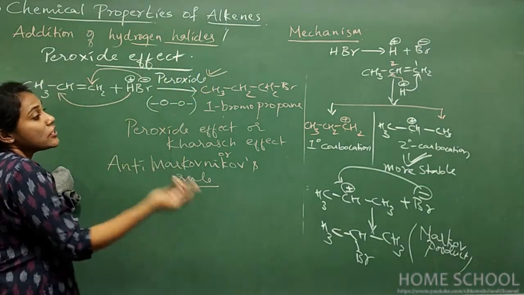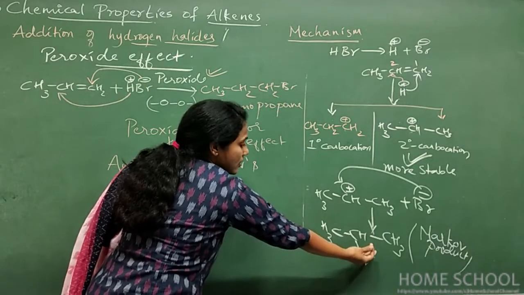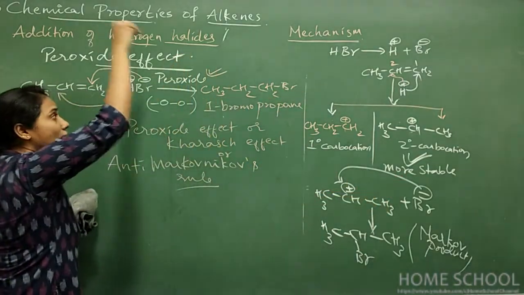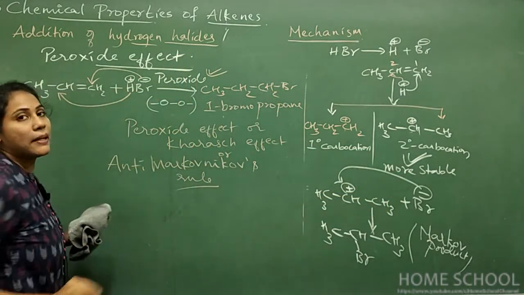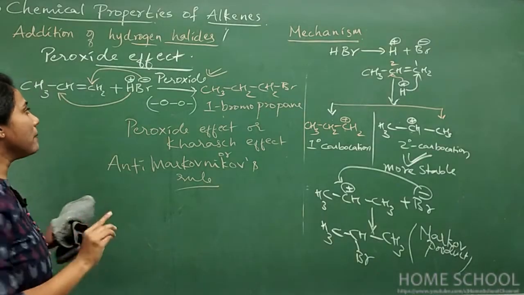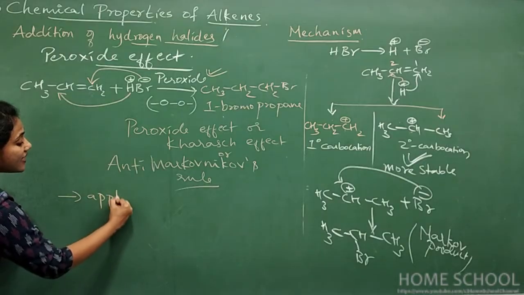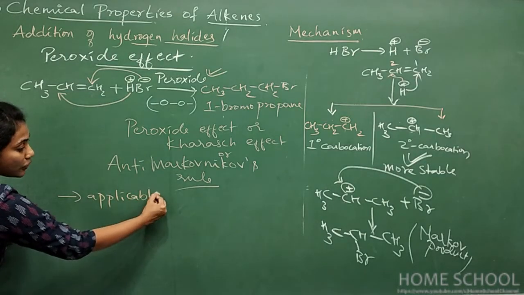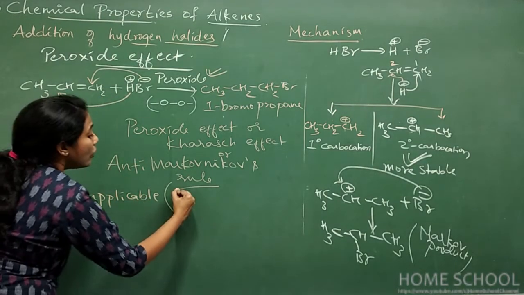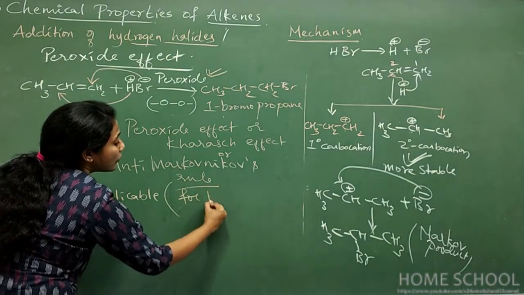If peroxide was not there, this is the process, Markovnikov's. If peroxide is there, it is anti-Markovnikov's. Also remember, the peroxide effect is applicable, and this kind of addition you will only observe, for HBr only.